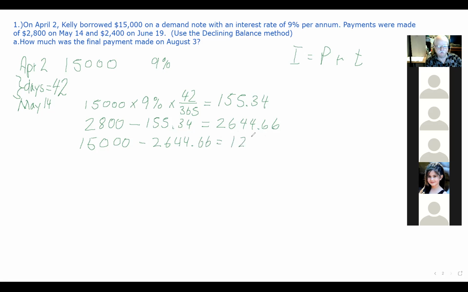One, two, three, 5.34. So at this point, the whole process starts over again. Kelly doesn't show up until June 19th.